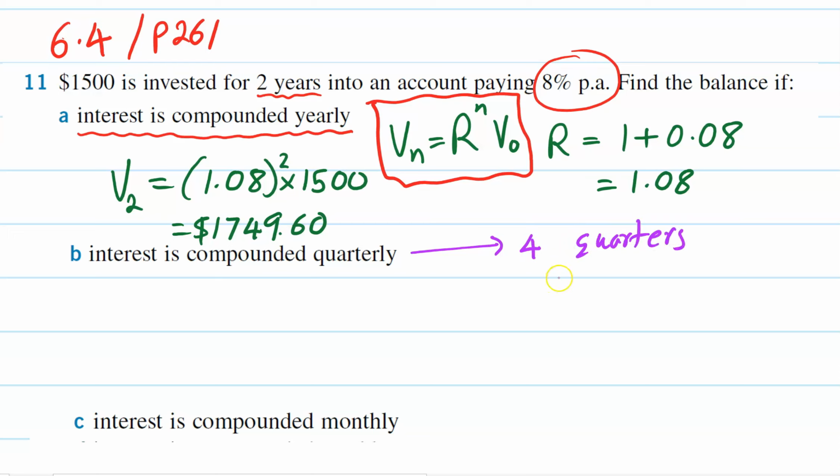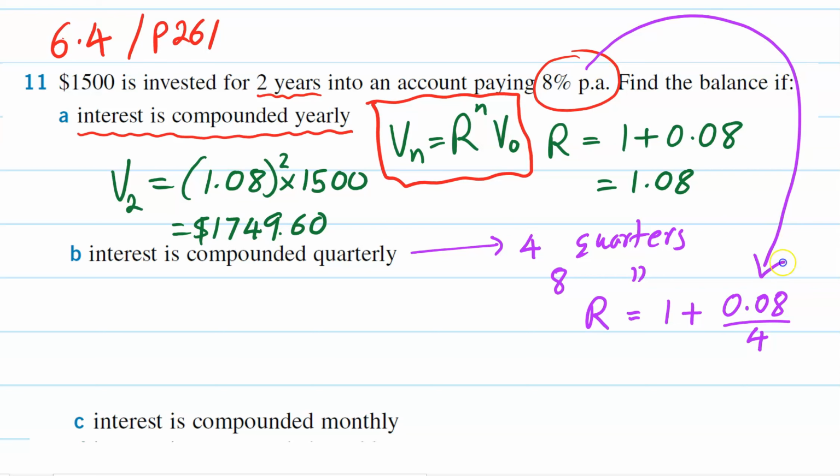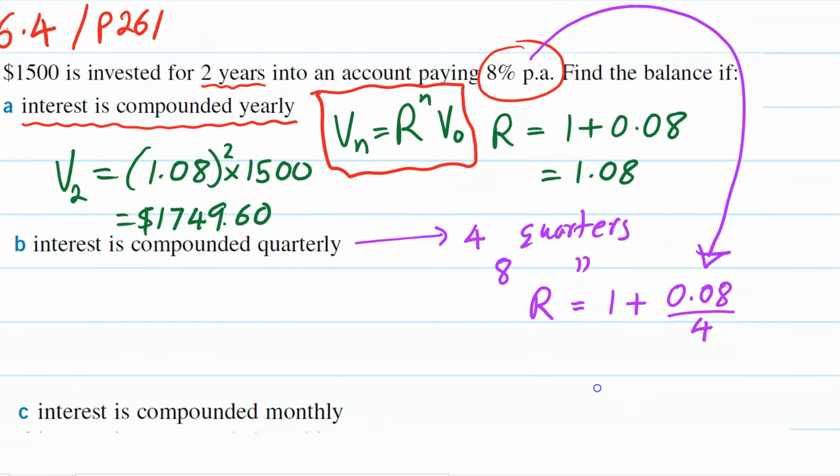Therefore, for 2 years, I would have 8 quarters. Well, what is the R? The R is 1 plus per quarter, so 0.08 per year divided by 4, because there are 4 quarters.